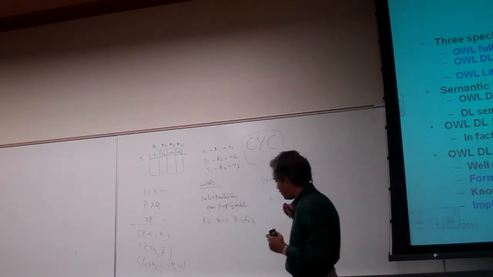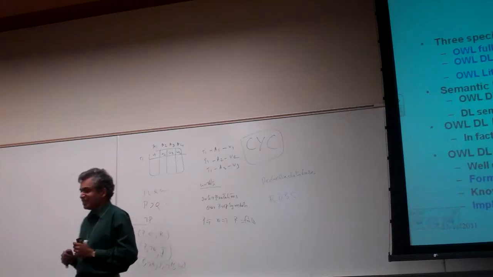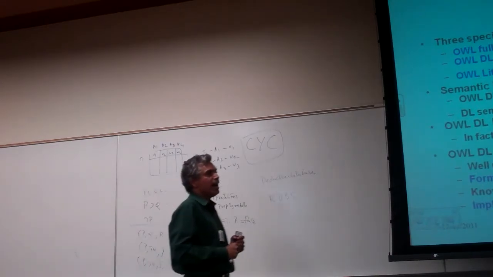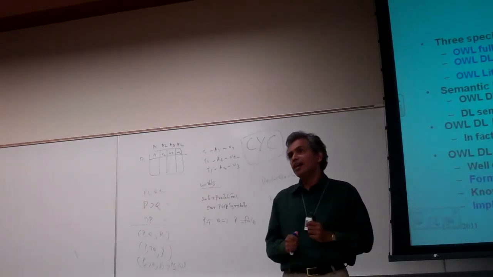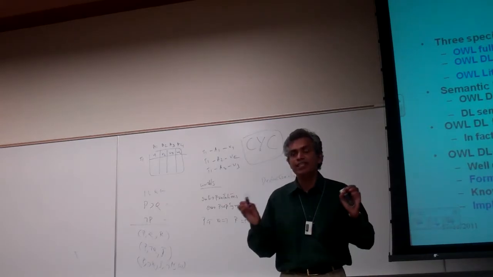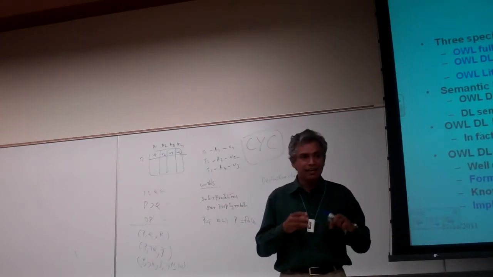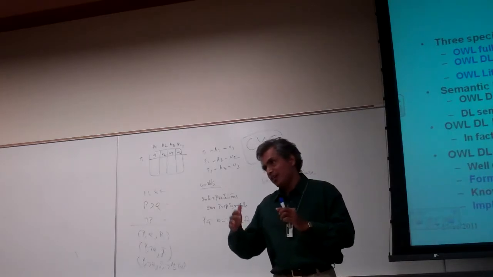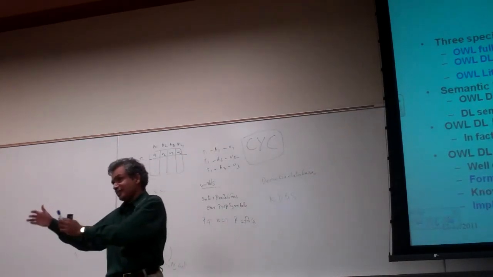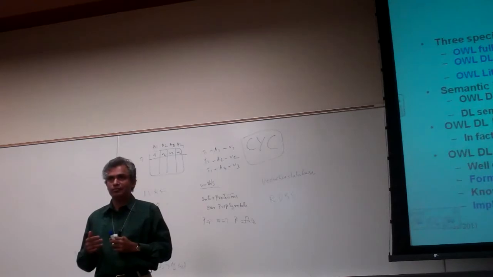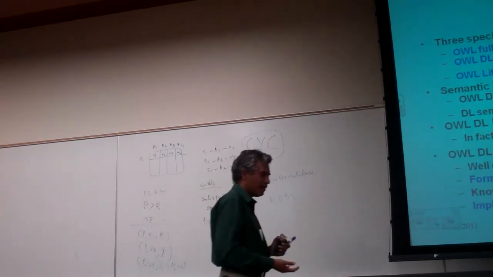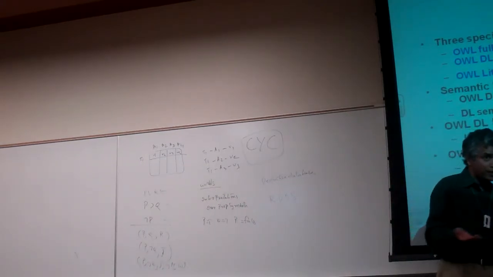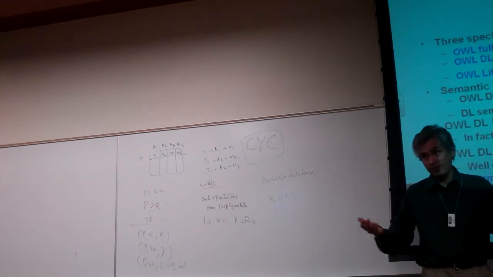And furthermore, another very interesting point is that common sense knowledge is highly defeasible. That basically means that every rule has an exception, and every exception has a rule. The classic example: if I tell you that Tweety is a bird, you think Tweety will fly.